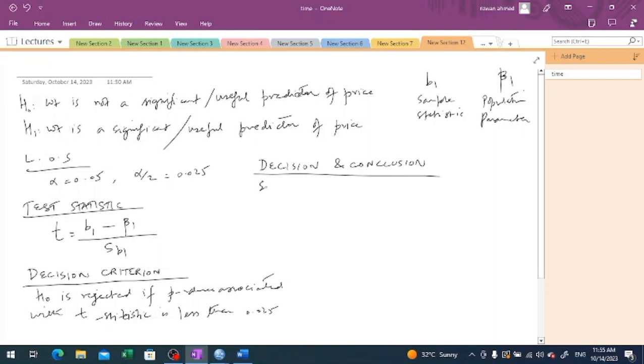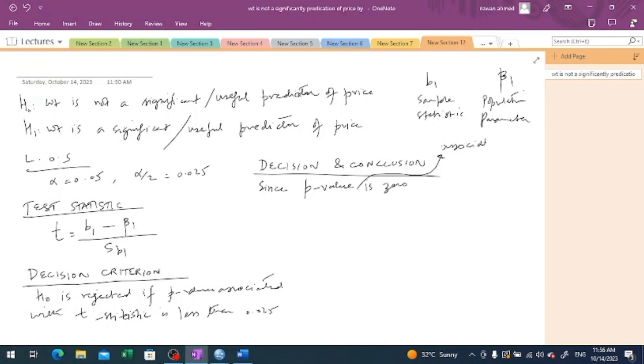Since p-value is 0, in fact, we had to write down p-value associated with. So this is what I am writing down over here as a connecting statement. P-value associated with t statistic is 0.